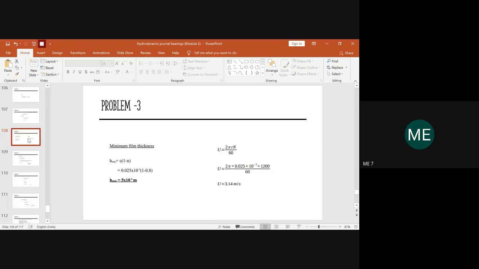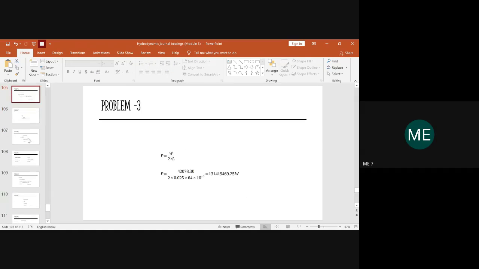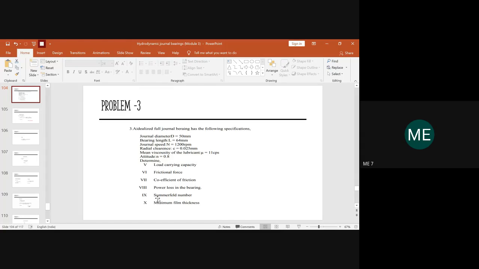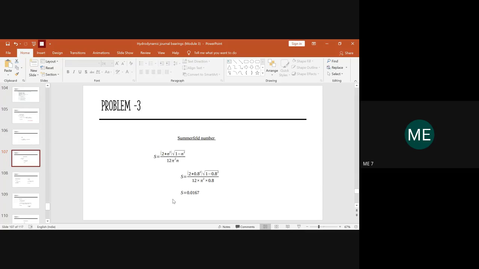So once the power loss is calculated, then what they have asked is the Sommerfeld number. The Sommerfeld number is given by this equation. We have dealt with the significance of it also. This is the equation we use for the Sommerfeld number in case of a full journal bearing.